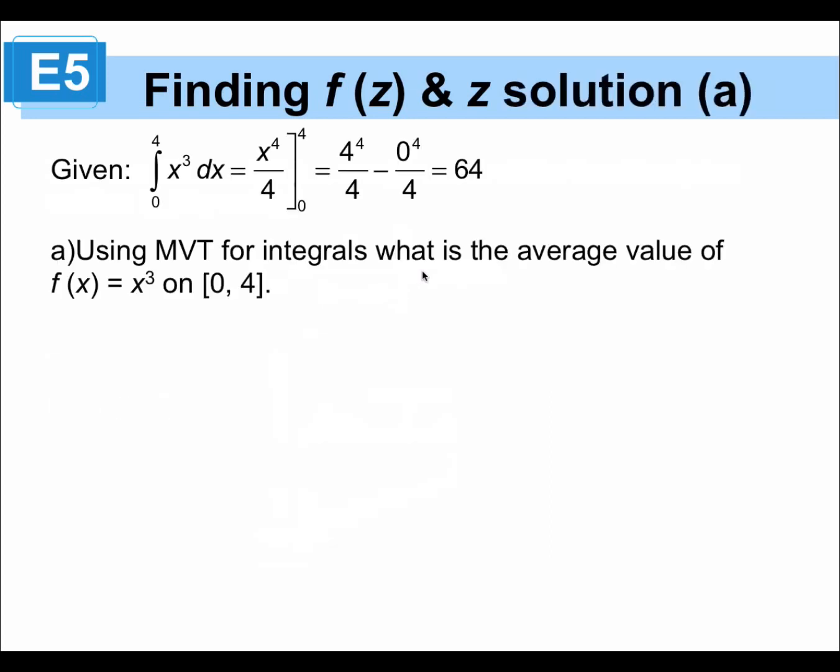Getting there, hold on. There we go, right there. So the average value, in other words, the y value, or the height of that rectangle when the function melts down, will be at 16. 1 over b minus a times the integral from 0 to 4 of the function gives us 16.